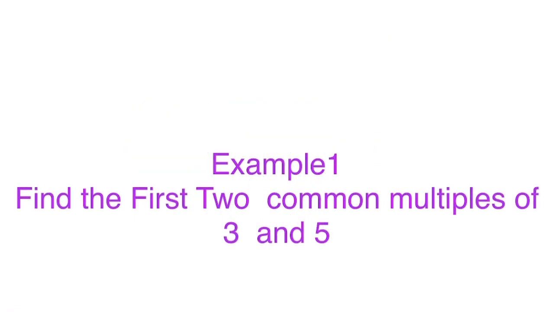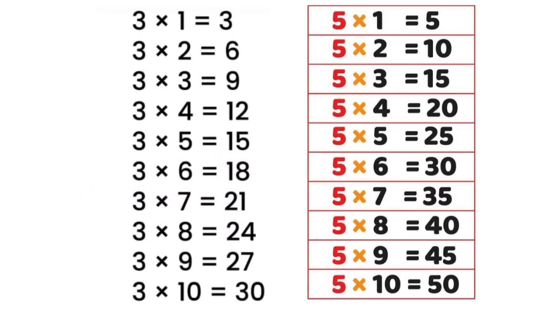Example 1. Find the first two common multiples of 3 and 5. Let's look at the multiples of 3 and 5 in a table. Multiples of 3 and multiples of 5.